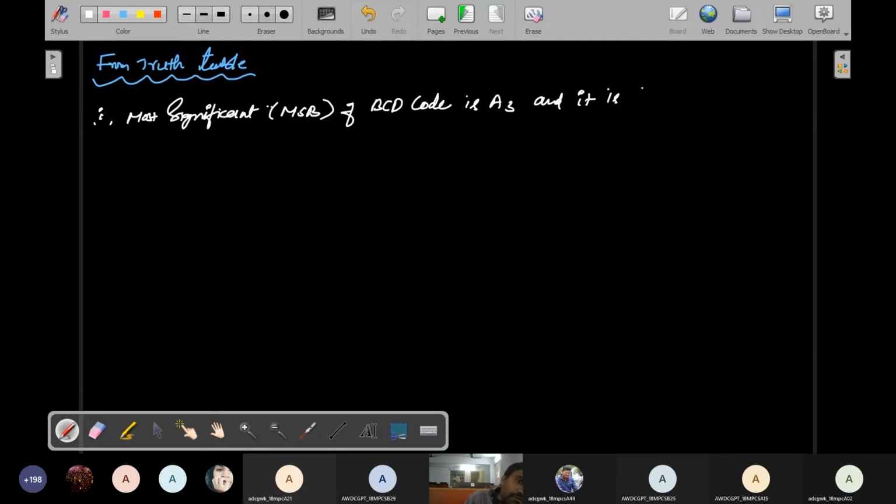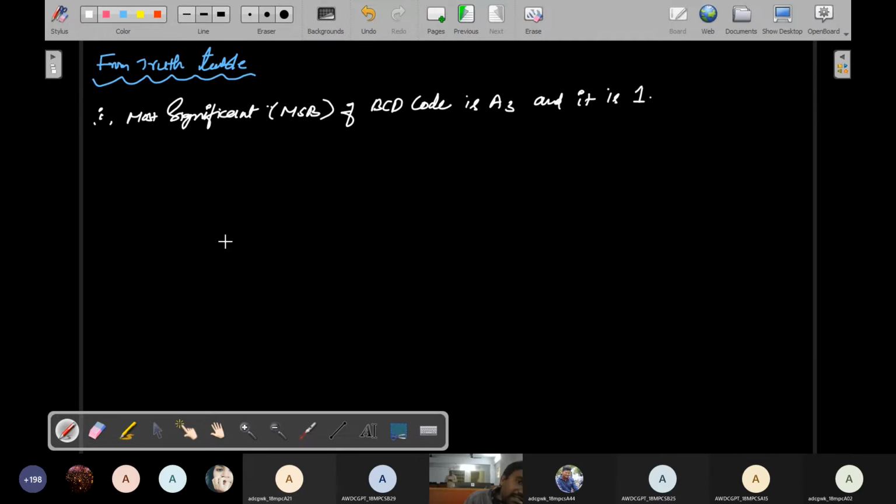The first point we observed is that the most significant bit, MSB, of BCD code is A3, and it is 1.